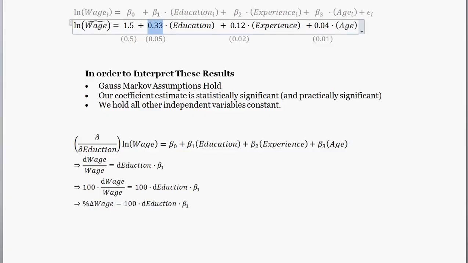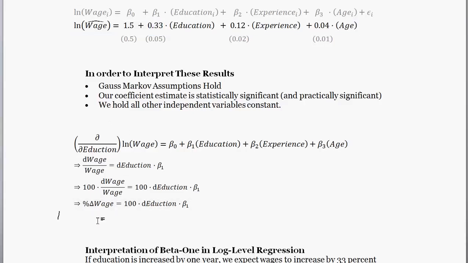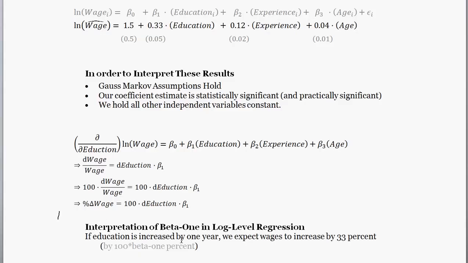It means that if we increase education by 1 unit, we expect wages to increase by 100 times beta 1 percent. With beta 1 equal to 0.33 here, if education increased by 1 unit, which is 1 year, we expect wages to increase by 33%.